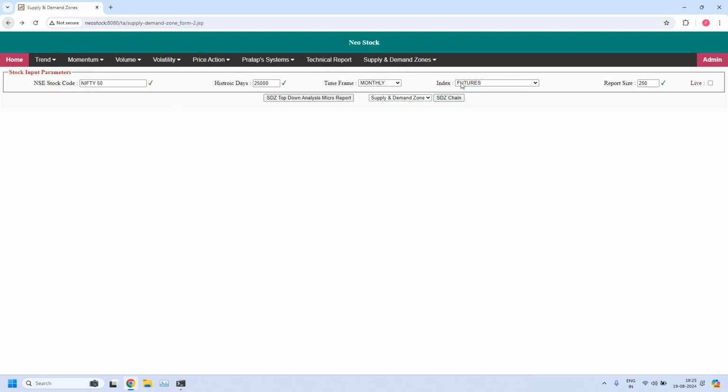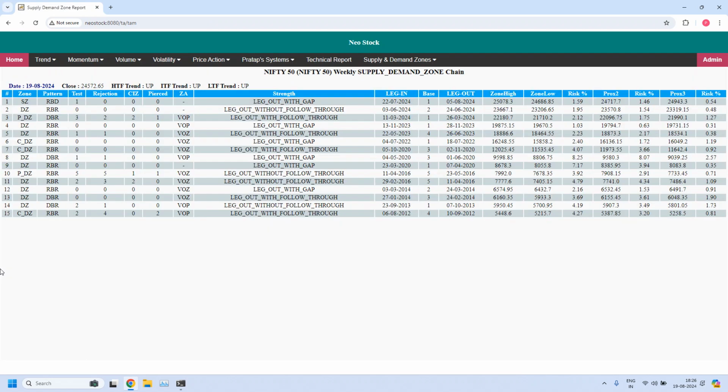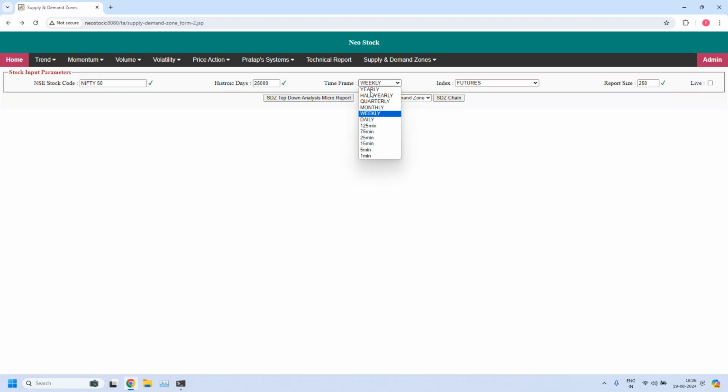Okay, the next time frame is weekly. I am generating the weekly supply demand zone chain for NIFTY. And the next time frame is daily, generating the daily supply demand zone chain for NIFTY.